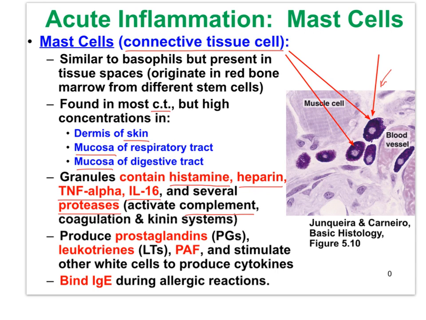Remember, complement is another non-specific defense that helps us fight pathogens, to stimulate coagulation later, and the kinin systems that we'll talk about. They produce many prostaglandins and leukotrienes, as well as platelet activating factor, and stimulate other white blood cells. Again, these guys also bind IgE, and so they're very active in allergic responses, which is just inflammation when perhaps you didn't actually want it to happen.